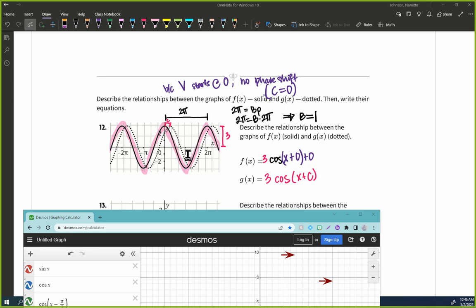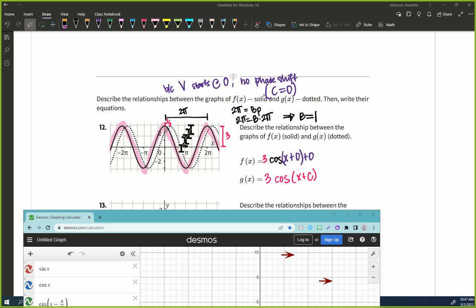It's some distance. If this is pi, they gave you a funny little graph here. So it's some units over that's less than pi. It looks like it's less than half of pi. It's even, I want to say, less than a third.